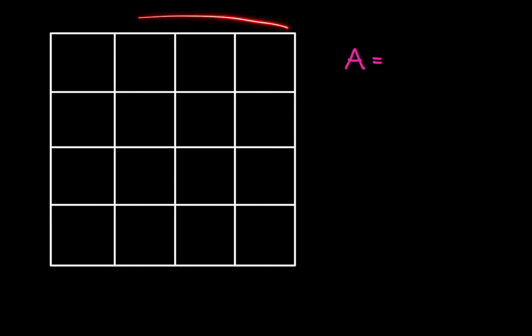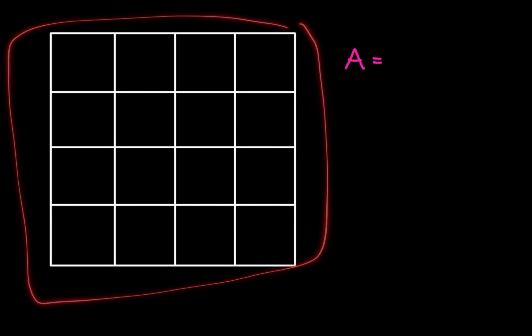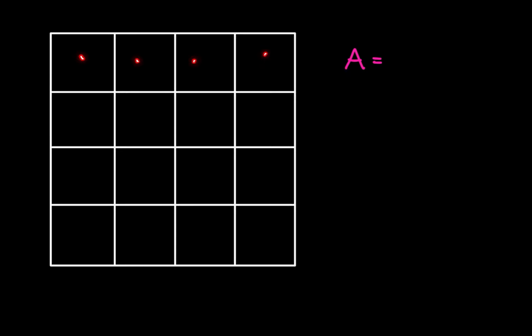So to calculate the area of this entire square, we just have to count up these little squares, and we find that there are 16. So the area is 16, but now we notice that it has a side length of 4, because we can see here 1, 2, 3, 4, and that's the same on each side.